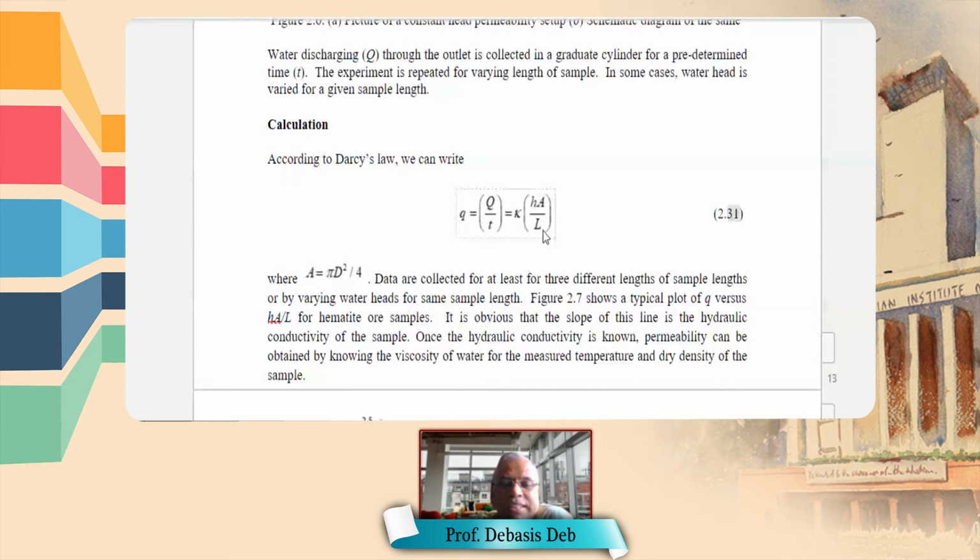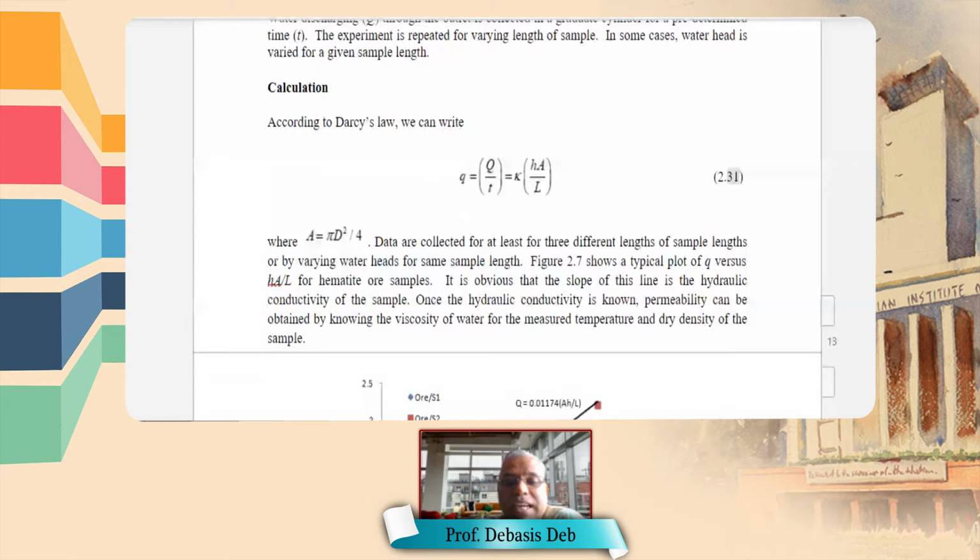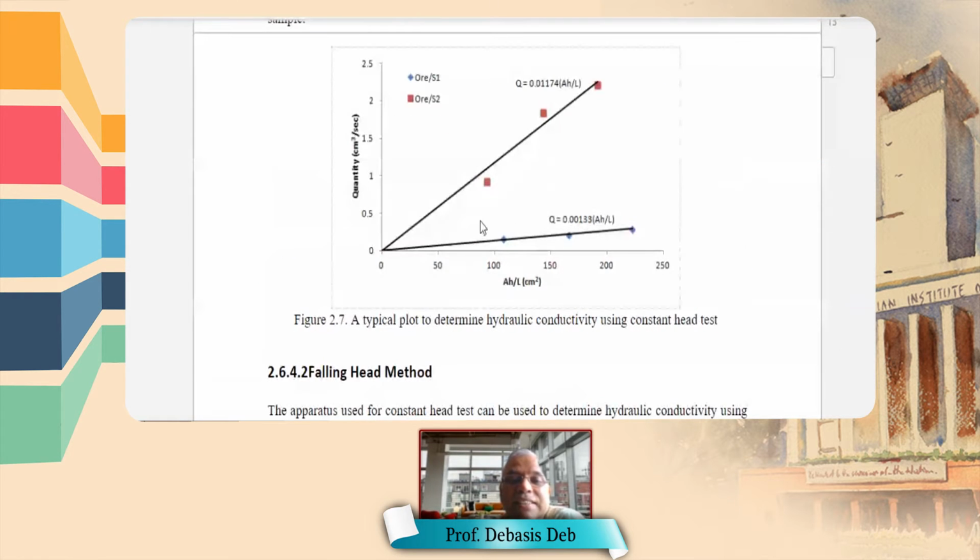So once we know this, why are we doing these 3 different cases? Because we vary the water head H so that the quantity will change. So if H is high, Q will be high. So under that condition, we get at least 3 points like this. So we vary H, the quantity changes.